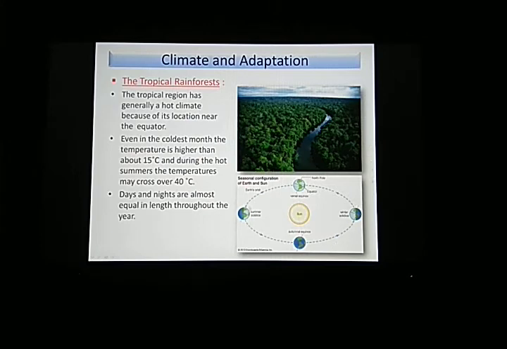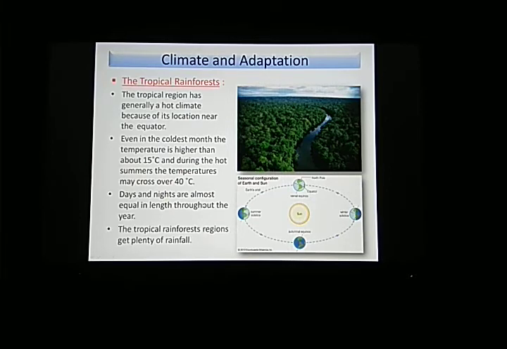If you see carefully, the regions near the equator receive an equal amount of sunlight throughout the year. It has no change in it. As a result, the amount of sunlight is even over there, and the length of day and night are also equal. It is nearly 12 hours each.